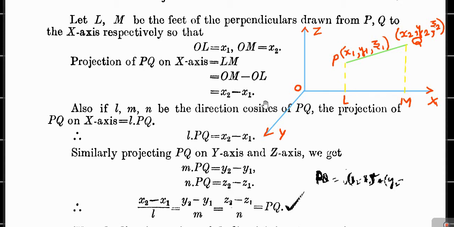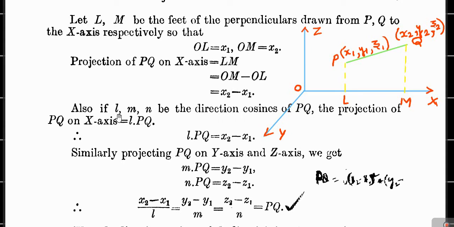Now let L, M, N be the direction cosines of the segment PQ. Then the projection of PQ on the x-axis is equal to the first direction cosine, that is L, into the length PQ. This formula we have already obtained and used right from the beginning of this chapter.